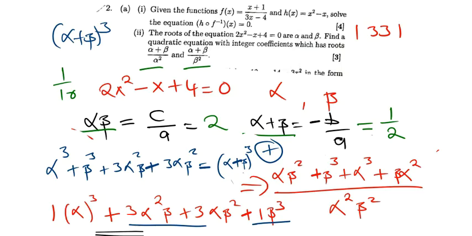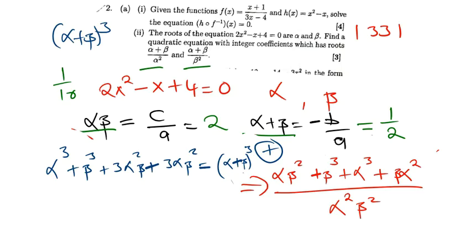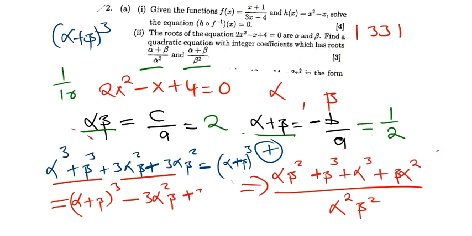So our goal is to make alpha cubed the subject. If we do make it the subject, it's going to be equal to what's on the right, alpha plus beta raised to the power 3 minus these parts. So that is 3 alpha squared beta plus 3 alpha beta squared. It's also supposed to be subtracted. Everything has gone to the right hand side. So that's what this is equal to.